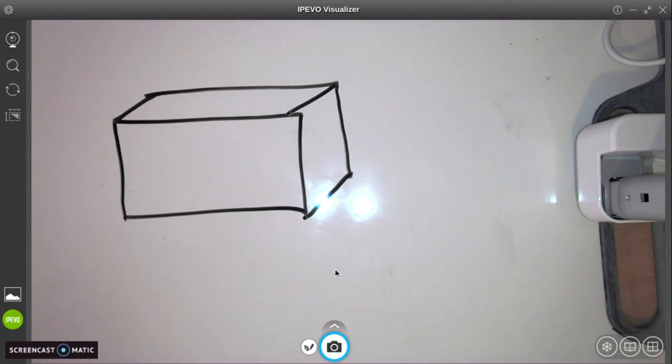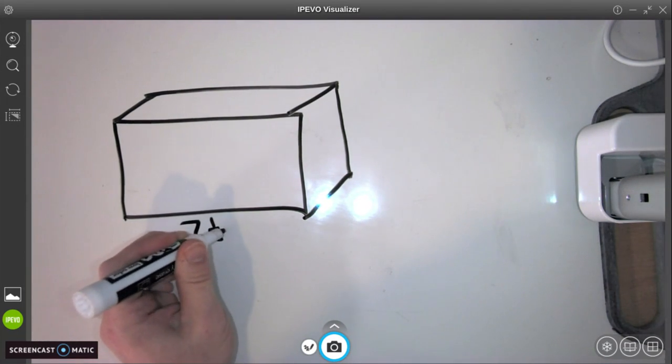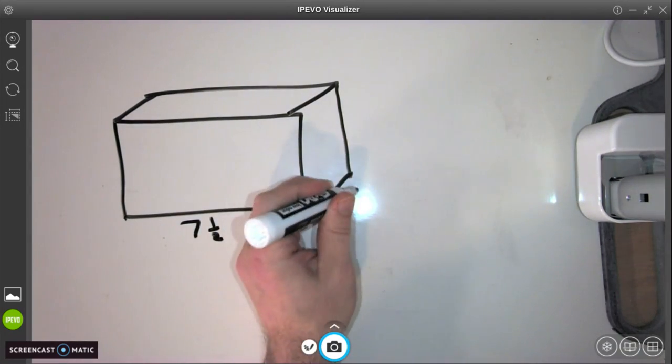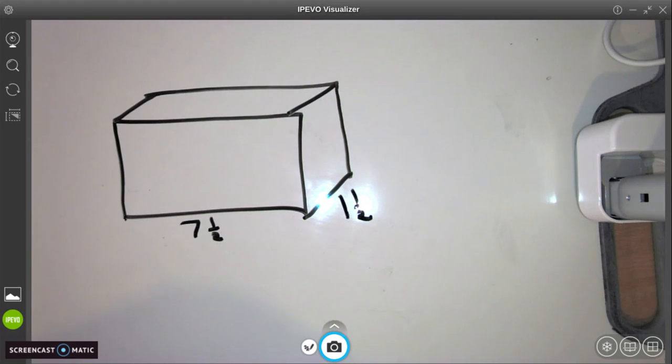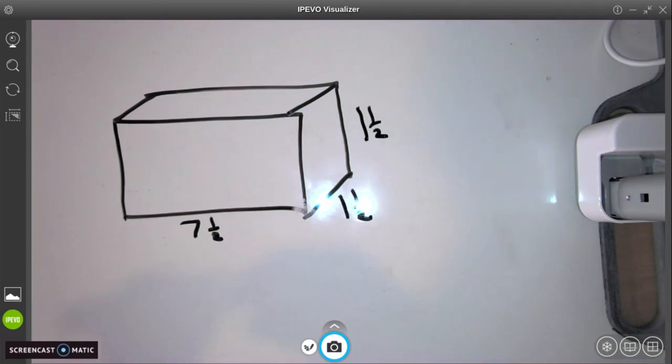Okay. So what we have here is 7.5 inches by 1.5 inches, and then the height is 1.5 inches. If you remember, to find out how many half-inch cubes can fit into this, let's say a half-inch cube is 1/2 by 1/2 by 1/2.